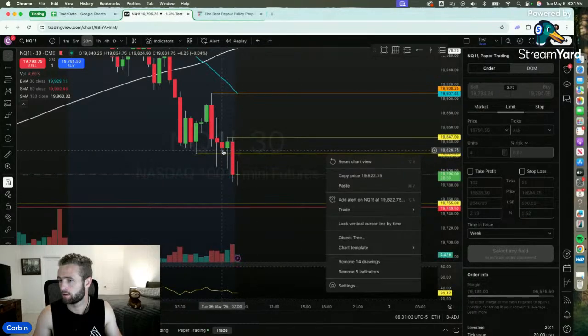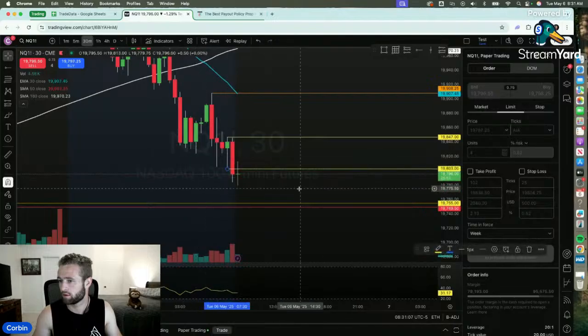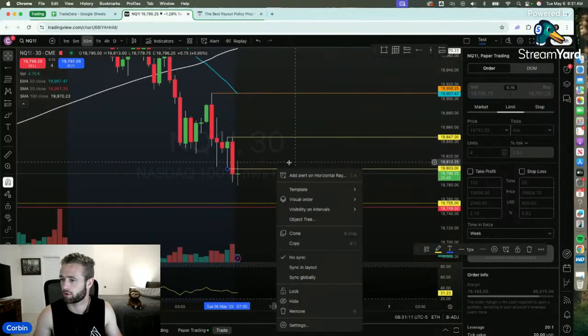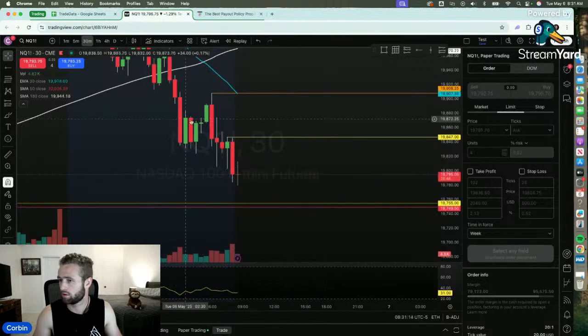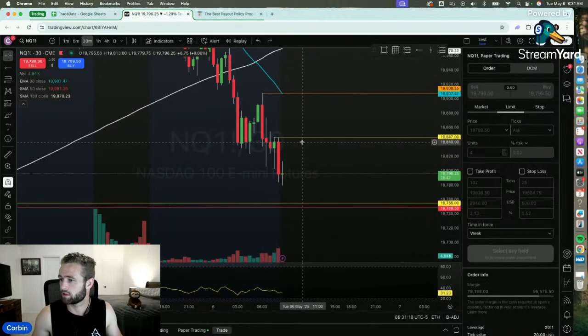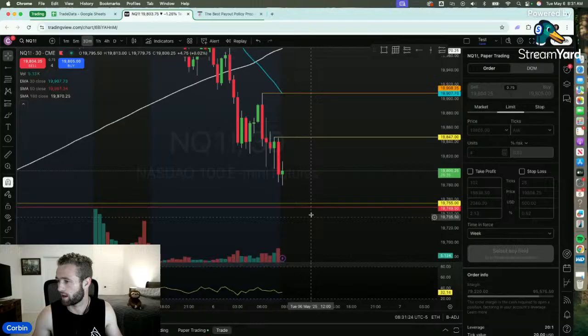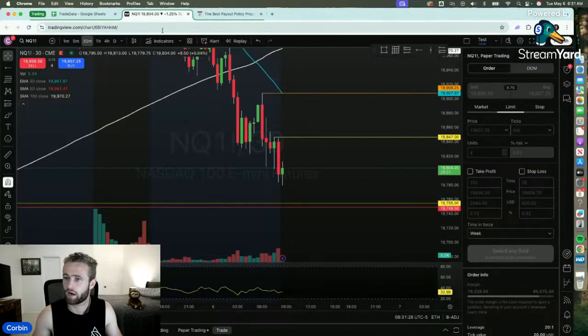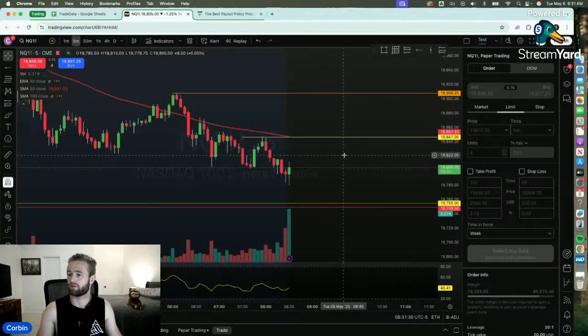Move down, followed by a move up. So that's that low. It's just forming lows right now. What are the next levels we're looking at? 19,847 and 19,755.